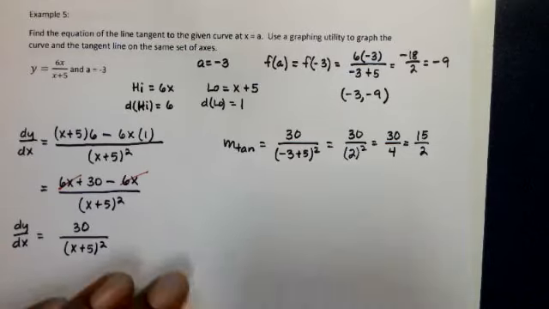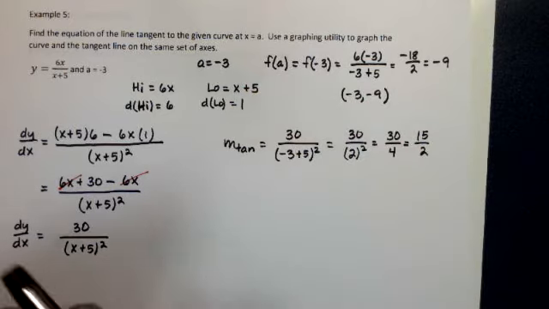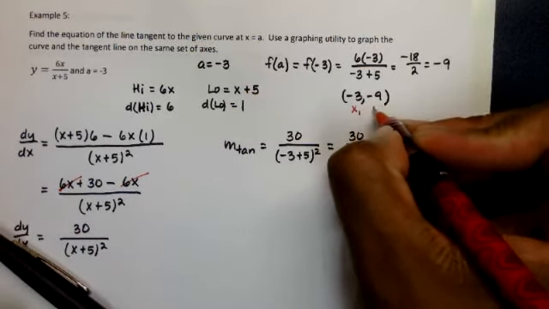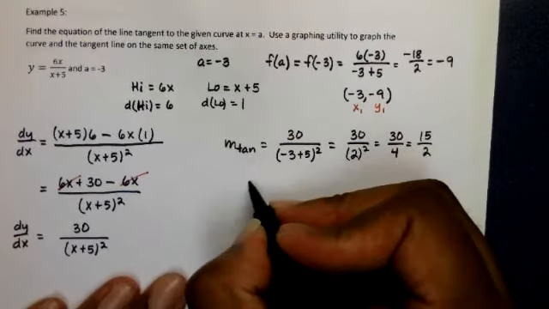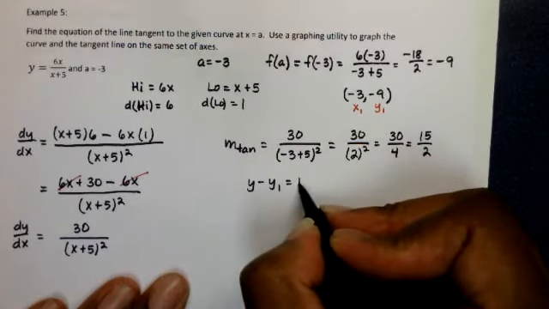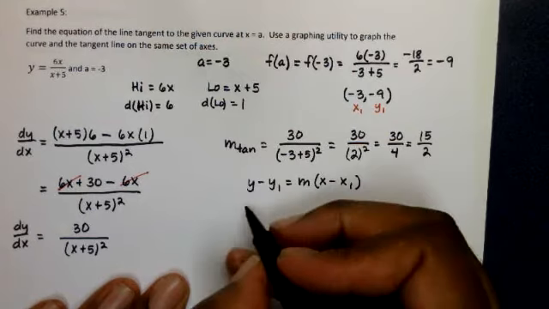Okay. So now I have the slope of the tangent line, and I have this point, negative 3, negative 9, where x1 will be negative 3 and y1 will be negative 9. This is where I'm going to use the point slope form, which is in this case, y minus y1 is equal to the slope times the quantity x minus x1.